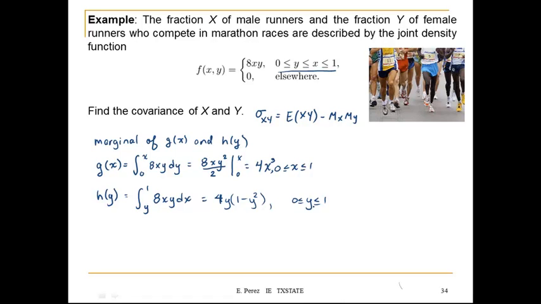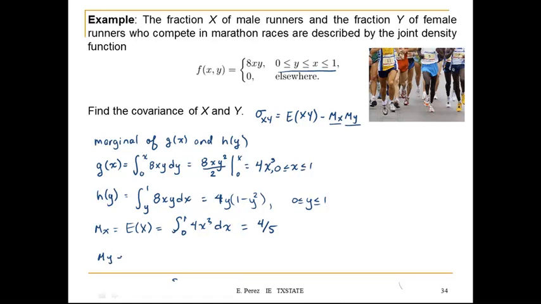What we need to find out is mu x and mu y, in order to get the covariance. For mu x, this is the expectation of x, equal to the integral from 0 to 1 of 4x cubed times x dx, which should be equal to 4 over 5.